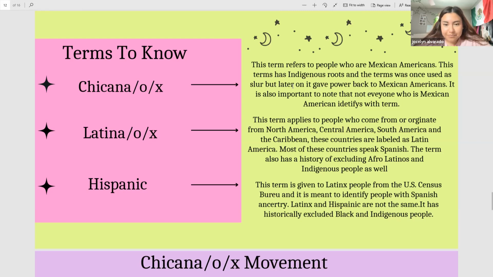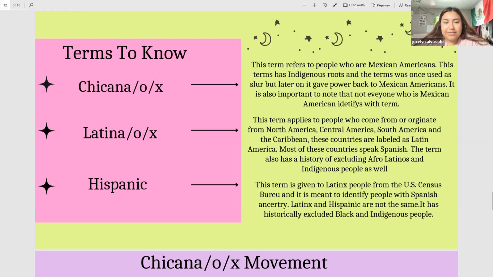This term also has a history of excluding Indigenous and Black people, and it is primarily used only in the US. That's why a lot of people in Latin America don't really use the words Latina, Latino, and Latinx.